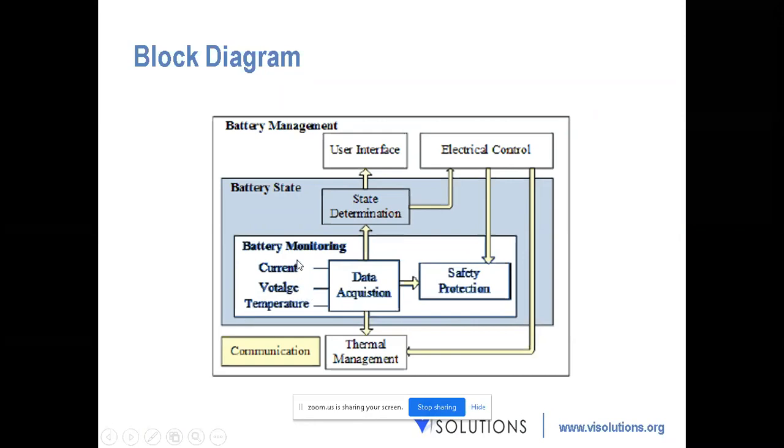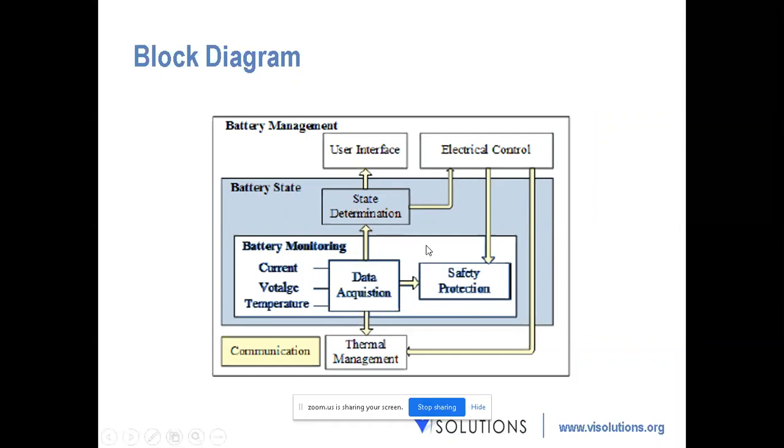It will acquire these parameters, and depending on the data acquired, this data will be passed to different modules, that is safety protection, depending on whether it needs to employ a safety measure or decide what it has to do. Let's say, depending on the amount of charge available, it probably needs to prevent the battery from discharging.